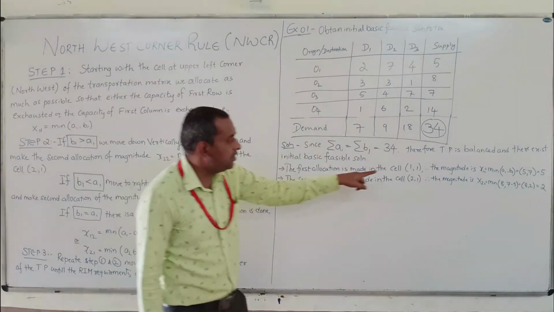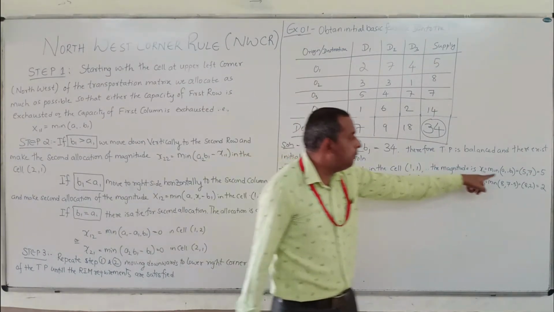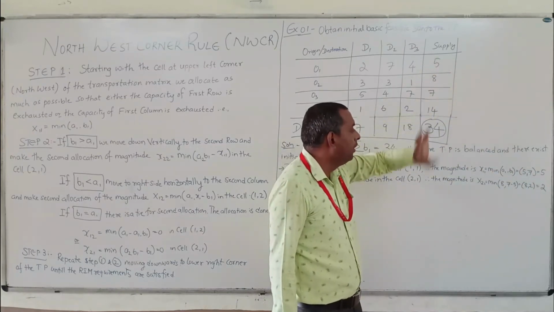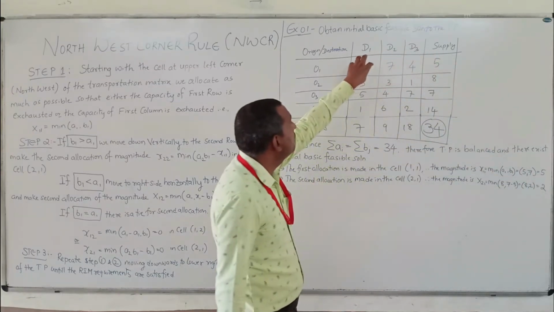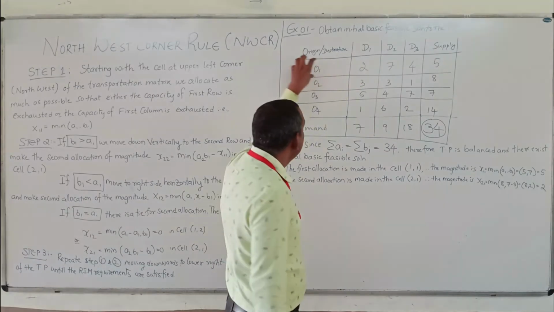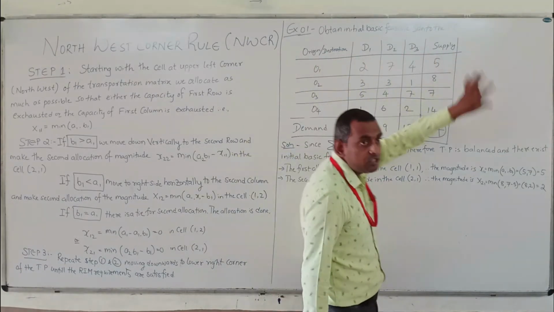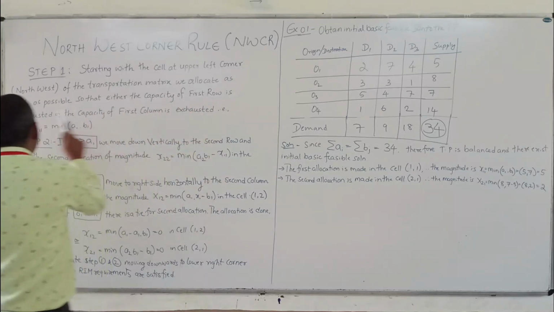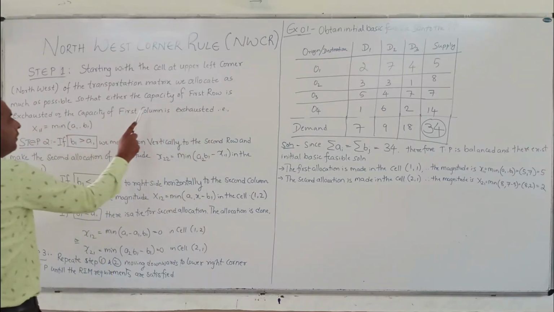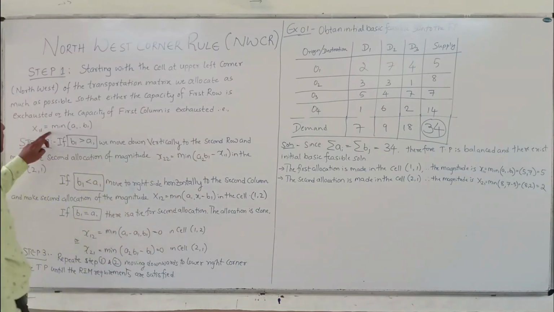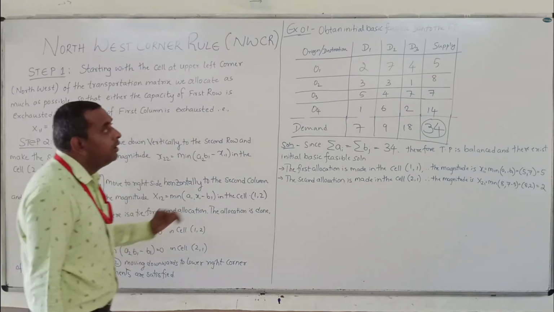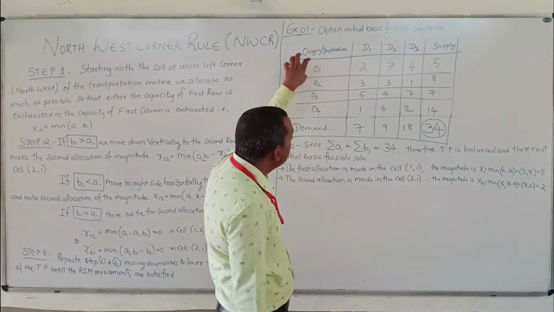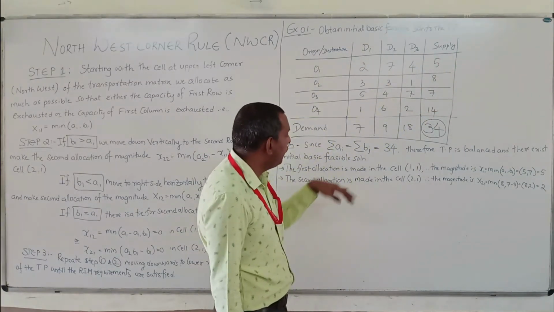So the first allocation is made in cell (1,1). The minimum of A1 and B1 is A1, that is 5. So the first allocation is done here. So this complete row will get exhausted. Here, either the capacity of the first row is exhausted or the capacity of the first column is exhausted, whichever is the minimum, that complete row or column will get exhausted. Fine. So once this complete row is exhausted, go for the next allocation.